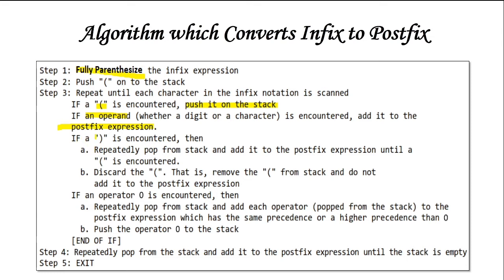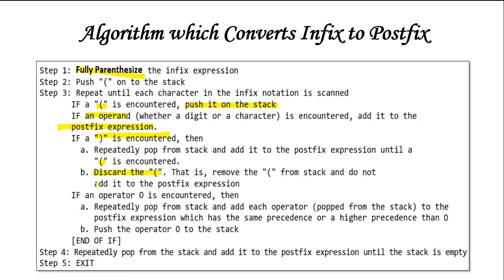Then if a closing bracket is encountered, you need to repeatedly pop from the stack and add it to the postfix expression. Until you get an opening bracket, you need to repeatedly pop the stack items, whatever are there. Then if you have an opening bracket after that, just discard it and remove it from the stack.